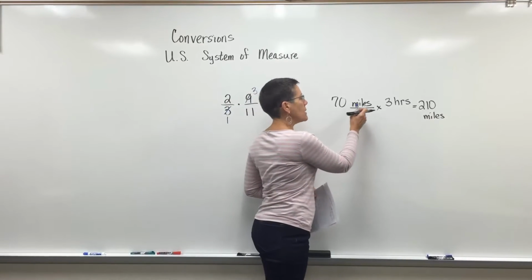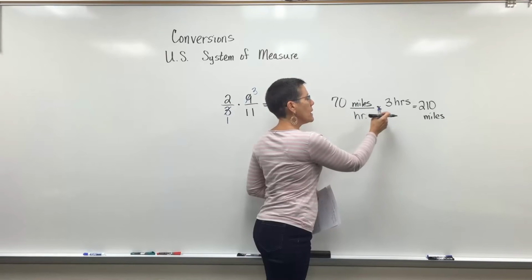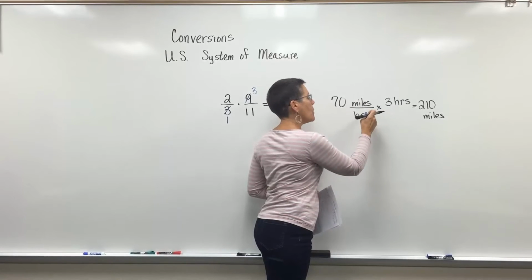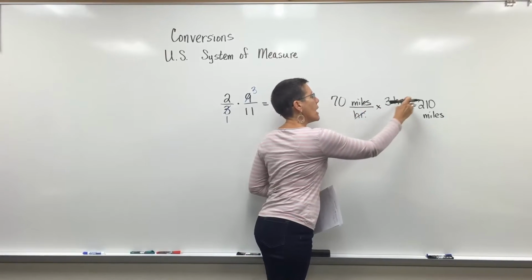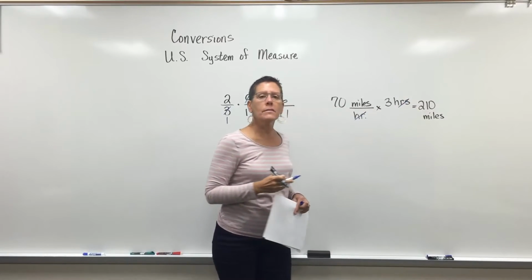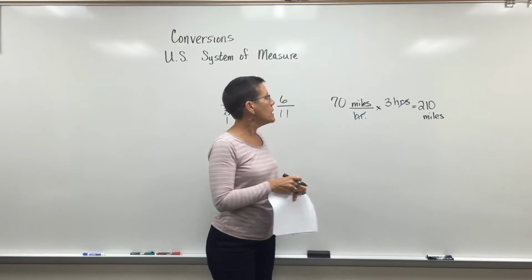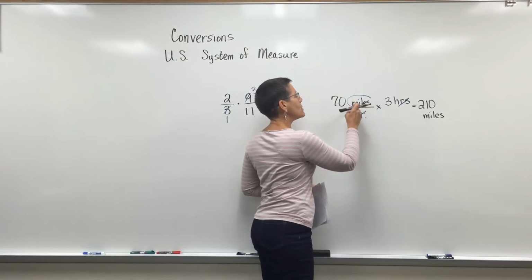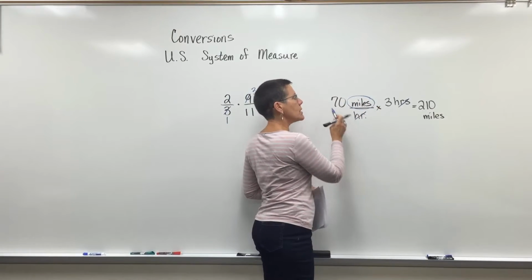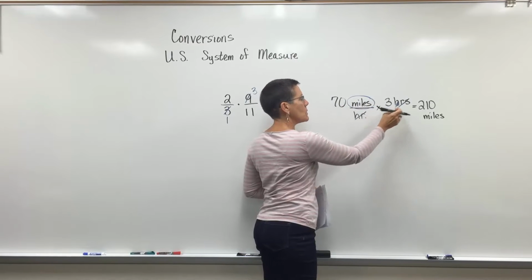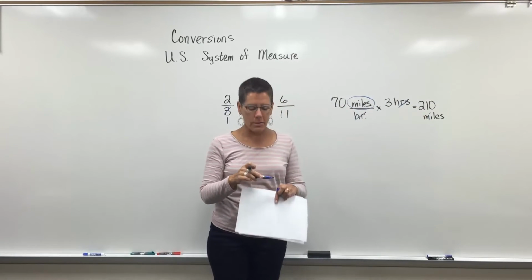So this is 70 miles per hour, and this time is 3 hours. The words, hours, one in the numerator, one in the denominator, will be canceled. They're equivalent. They're equal to 1, if you will. And then I can see that my answer to this problem, the only word that is left when I take 70 times 3, is the word miles.